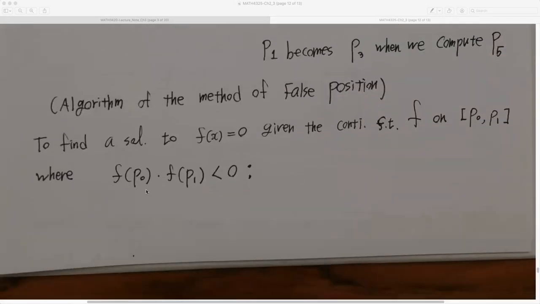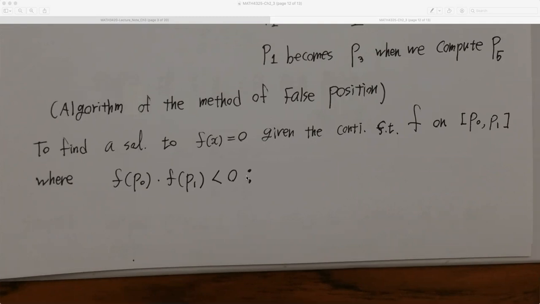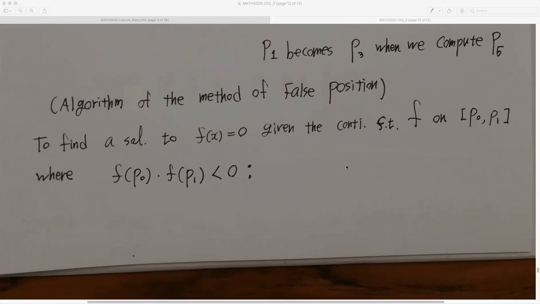Starting from P0, f of P0 times f of P1 must be negative. You have to choose the initial approximations P0, P1 satisfying this. So now you have to check: what if f(P0) times f(P1) is positive? Then you have to design your algorithm, your code, to return a warning or error when f(P0) times f(P1) is positive.